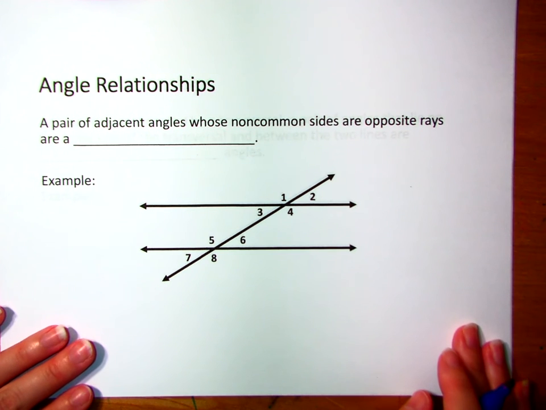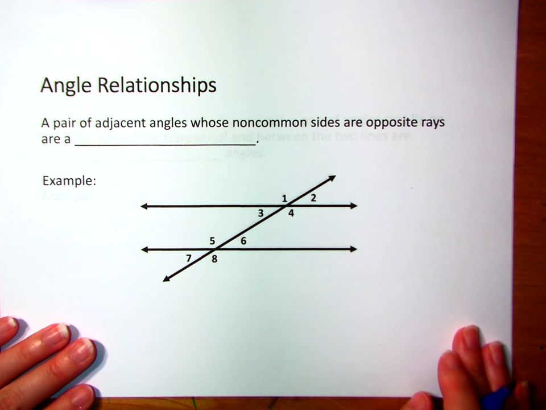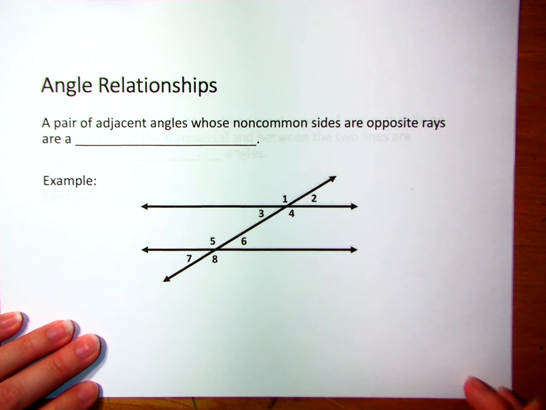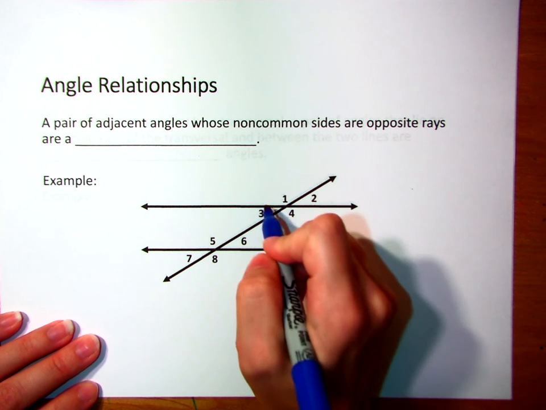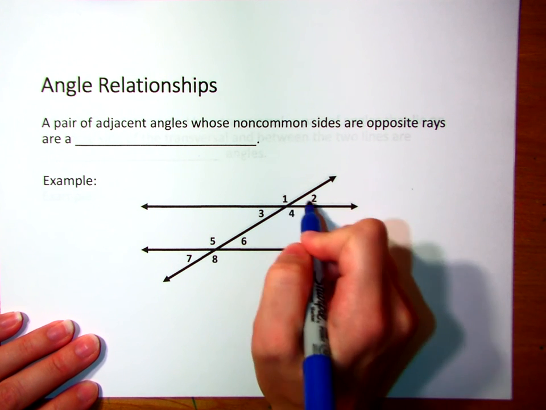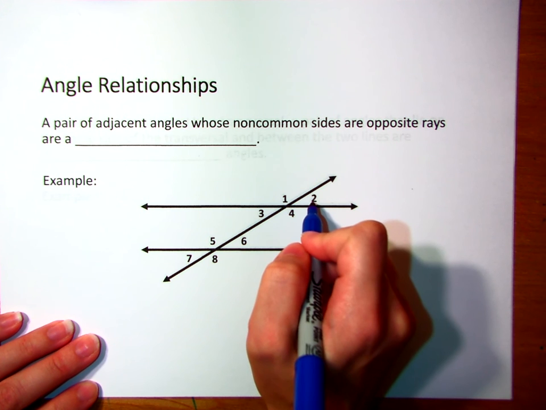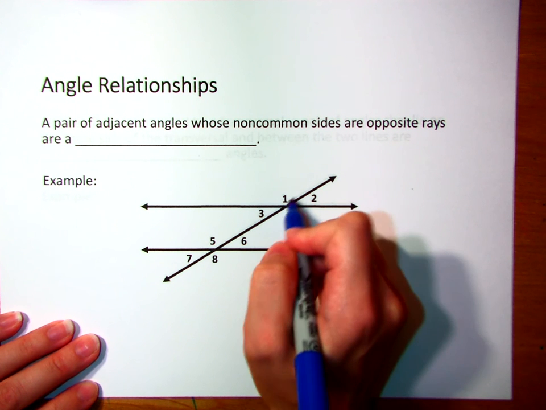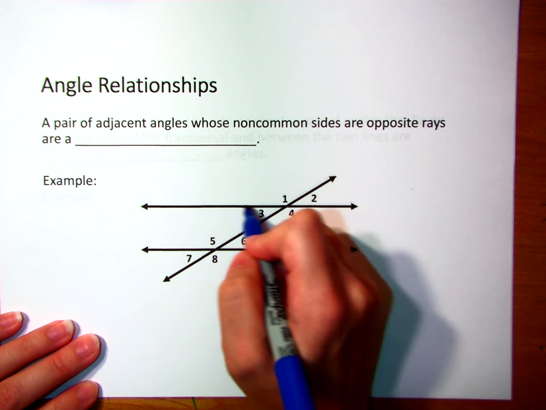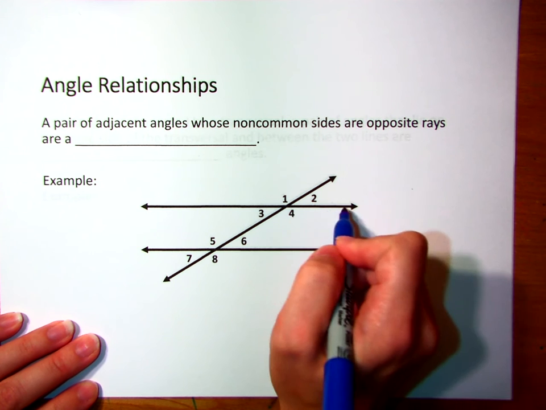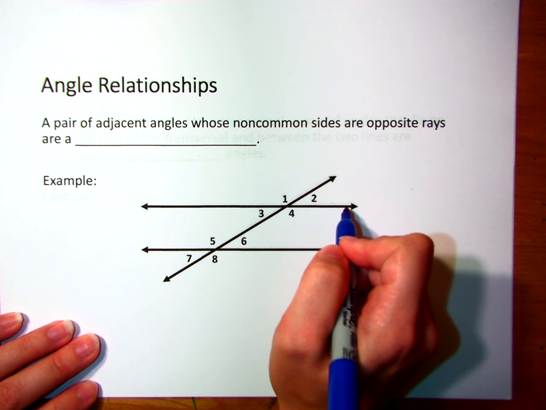We can also have a pair of adjacent angles whose non-common sides are opposite rays. So, for example, let's look at this one. Here are these two angles, and the side that they have in common is this one. The sides they don't have in common, this side and this side, are opposite rays.